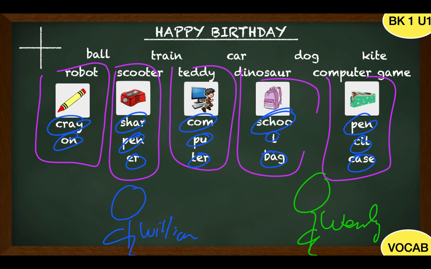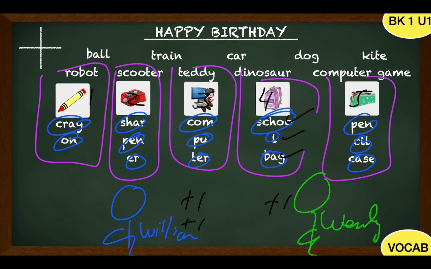And I will then say, all right, William and Wendy, are you ready? 1, 2, 3, 4, 5. William and Wendy, number 4. And then they'll say, school bag. Good job, Wendy, you get +1. Number 1, crayon. Good job, William. Number 5, pencil case. Good job, William.